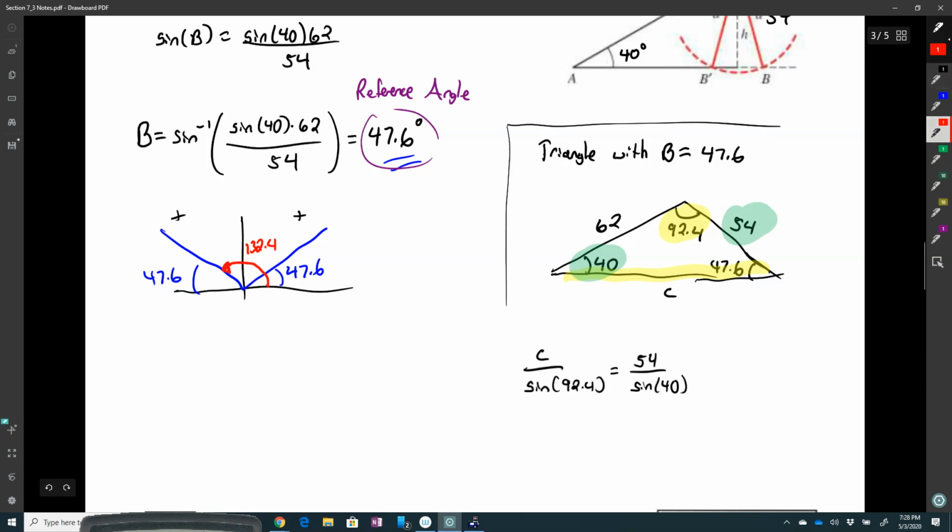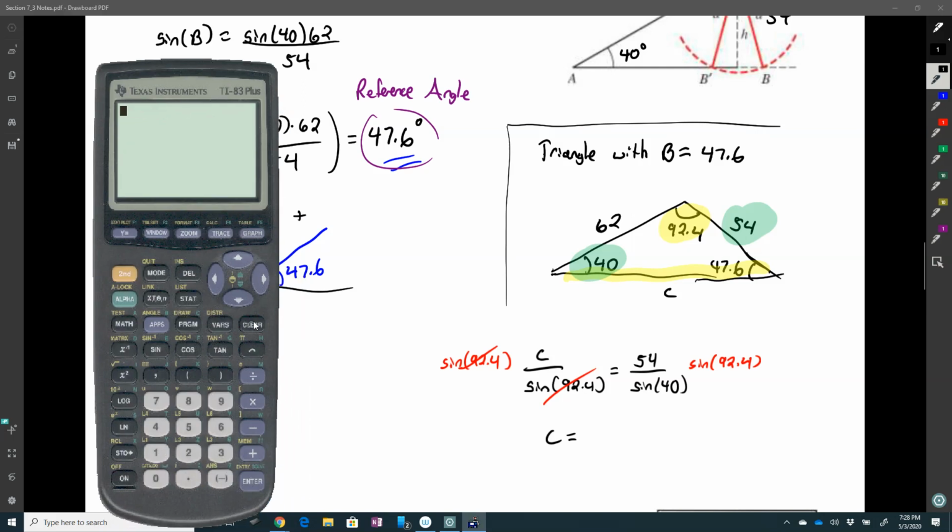So multiply both sides. So C is equal to, get your calculator and type it in, 54 times sine of 92.4 divided by sine of 40. And I get 83.9.